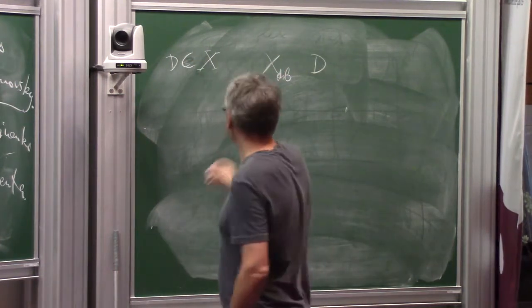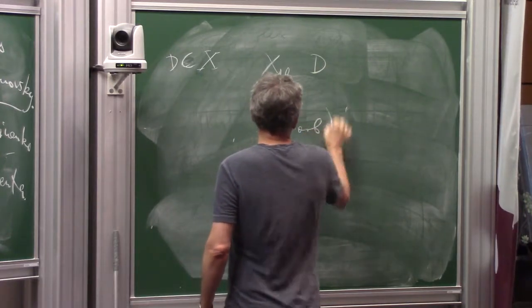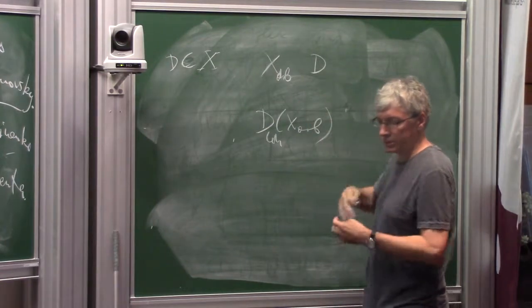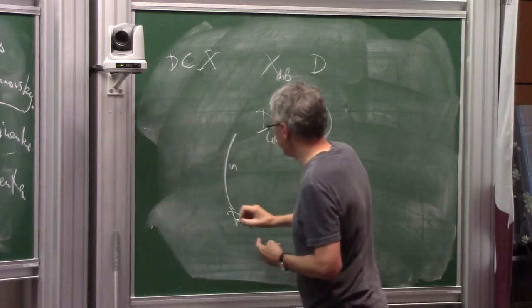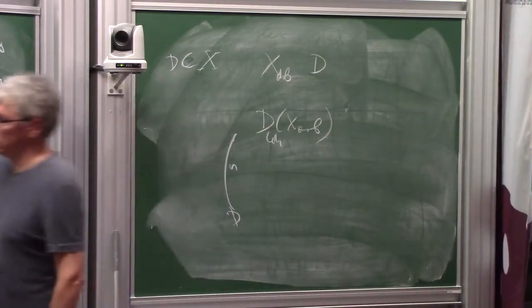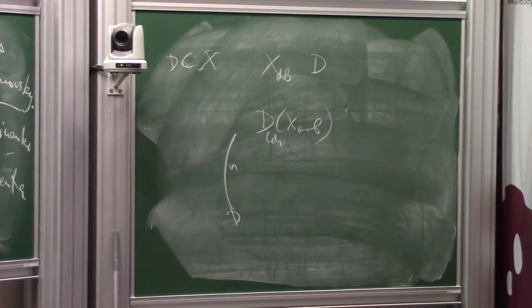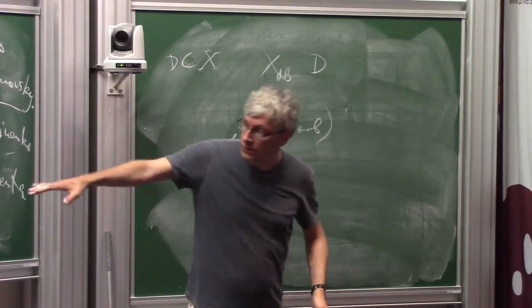The claim is that the derived category of coherent sheaves on a variety with orbifoldization of order n along the divisor, you can construct this kind of thing, the non-orbifoldized story for this case. This category does have all the structure which I described.